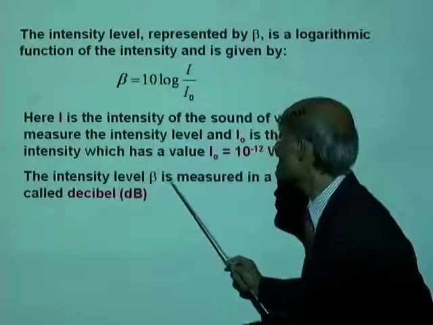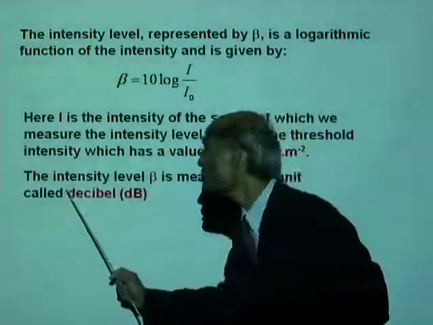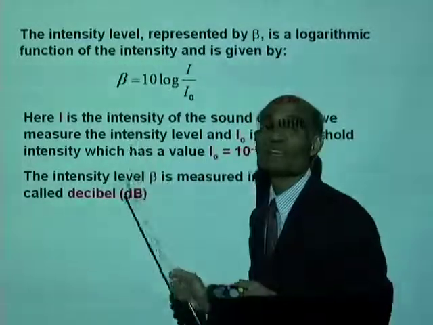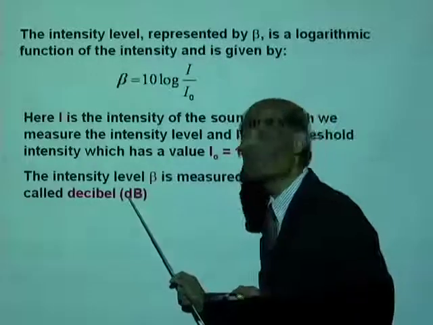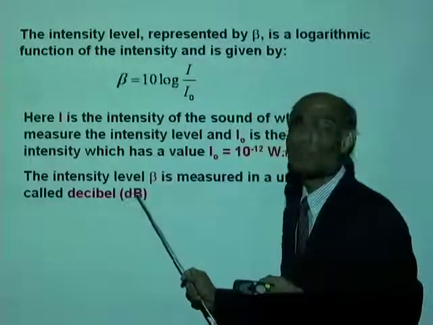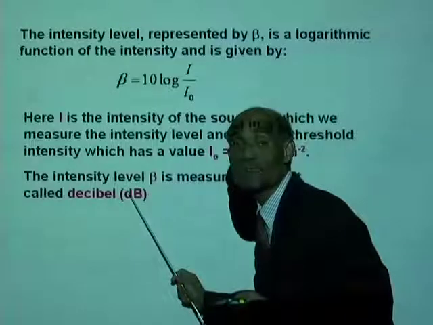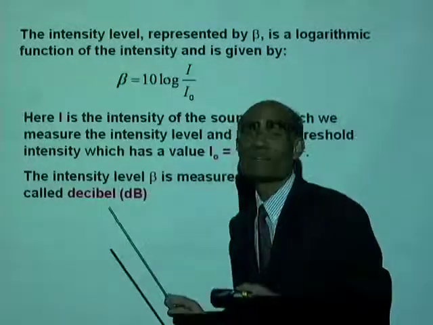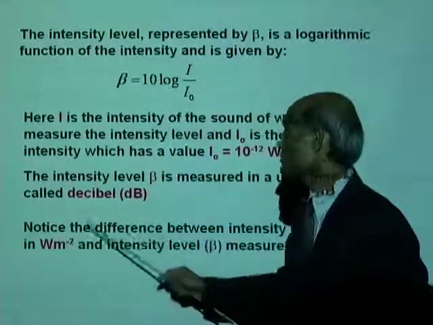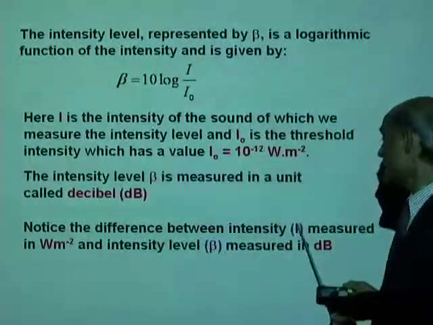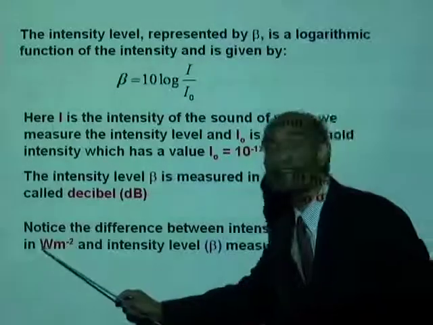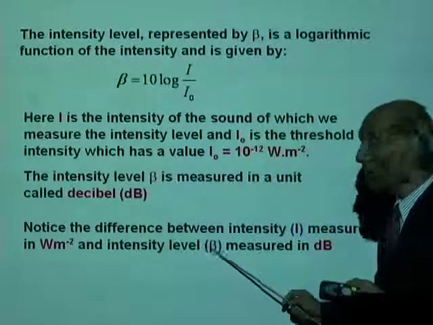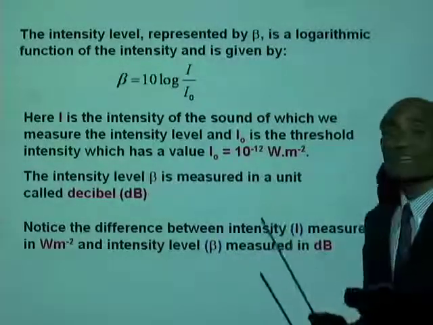Intensity level beta is measured in a unit called decibel. Look at the way we write decibel in short form: small d, big B. Now notice the difference between intensity I measured in watt per meter square and intensity level beta measured in decibels.